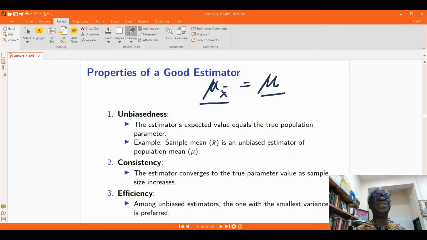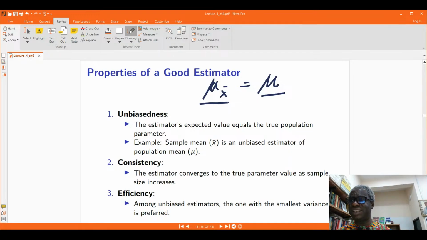So for efficiency, you now go to the family of unbiased estimators. You now look at only estimators that are unbiased, and you look for the one with the smallest variance.